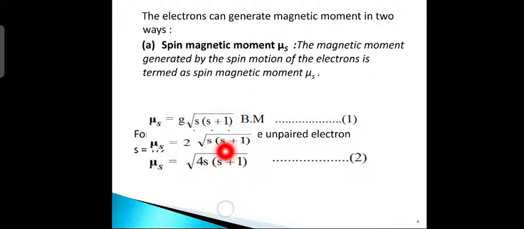So, mu s is equal to 2, g is equal to 2, then square root of S into S plus 1. When you substitute S is equal to half, you will get square root of 4 into S into S plus 1.